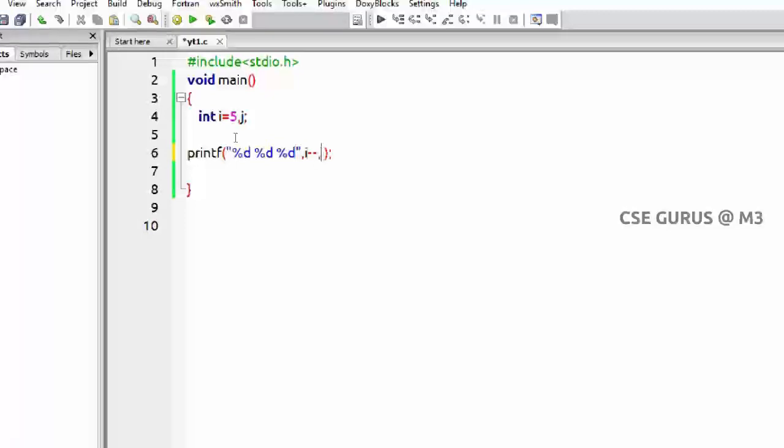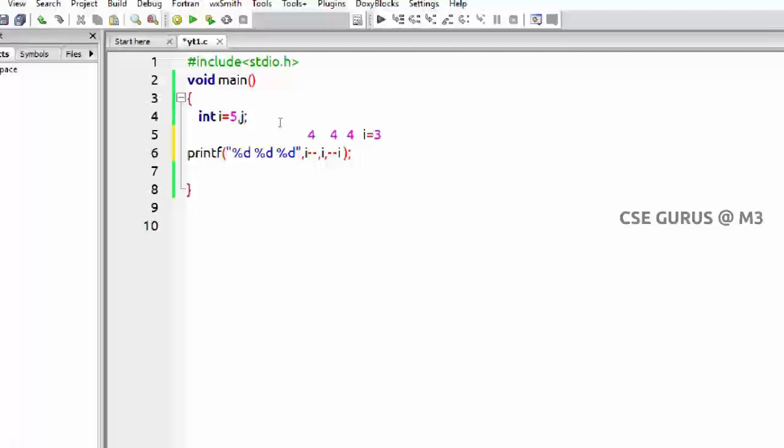One example of taking more than one decrement operator in a print statement. I'll take minus minus I, then I, then minus minus I again. Here minus minus I, the value will be decremented to 4. Now the I value is 4. Here 4 anyway first, then it decrements the I value to 3. So now the I value is 3, right?